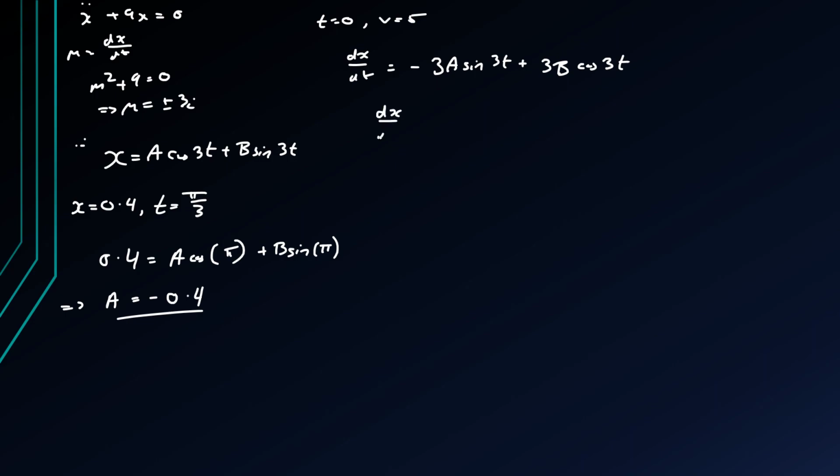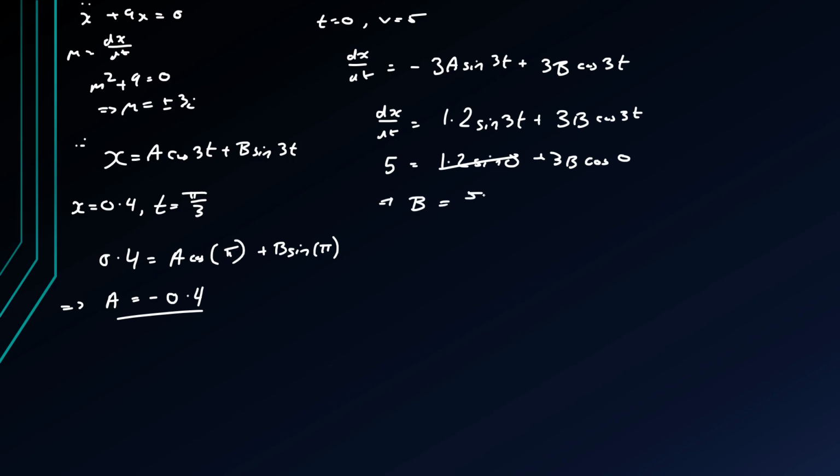So dx dt is minus 3 times minus 0.4, which is 1.2. So 1.2 sine 3t plus 3b cos 3t. Now we can sub everything in. So 5 is 1.2 sine 0 plus 3b cos of 0. Sine of 0 is 0, cos of 0 is 1, so 3b is 5, and so b is 5/3.